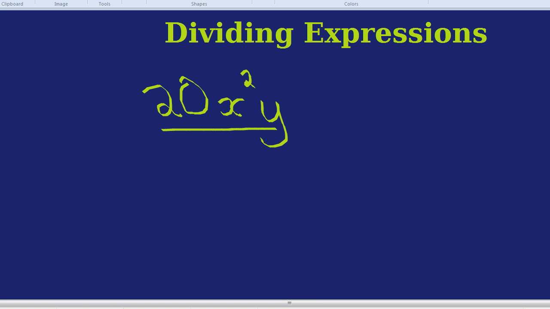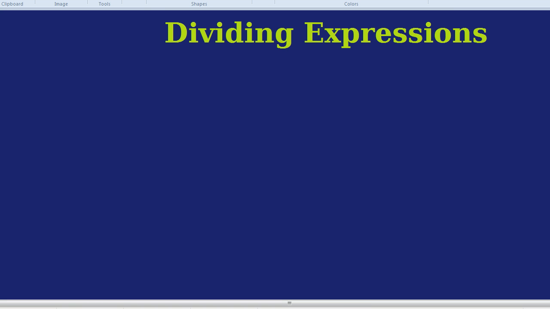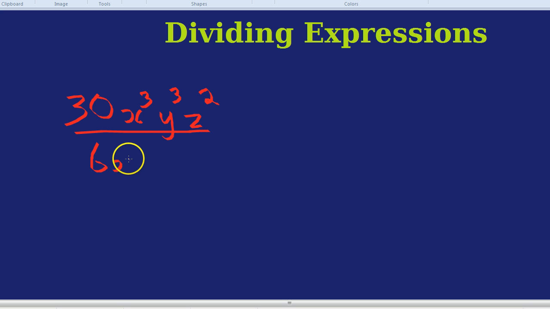Let's look at another example. How about if we had 30x cubed y cubed, and a z squared just thrown in, and this time we're dividing by 6x squared y squared.